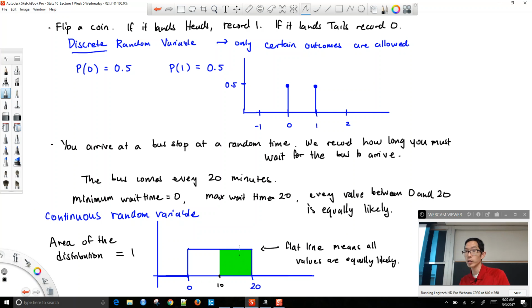You would tell me that this area is 0.5, right? And therefore, the probability we have to wait over 10 minutes is 0.5. Okay, so this area equals 0.5, which means the probability of wait over 10 minutes is equal to 0.5.